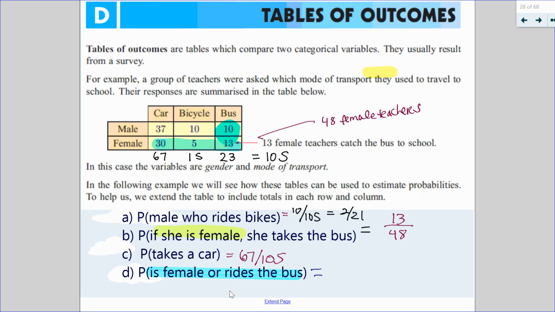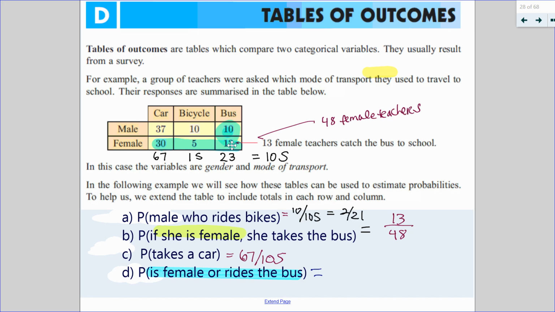ride the bus. So what you don't want to do is double count females that ride the bus. You don't want to double count these 13 women that ride the bus. So you're just going to add up the females. We know there are 48 plus the additional 10 males that ride the bus, because you don't want to double count the 13 that are in both categories.